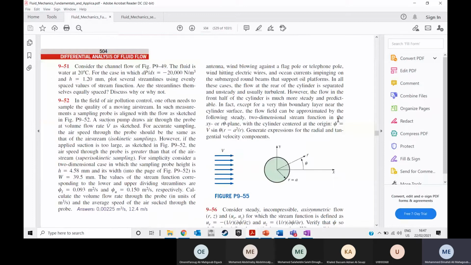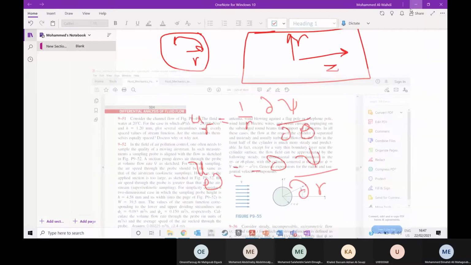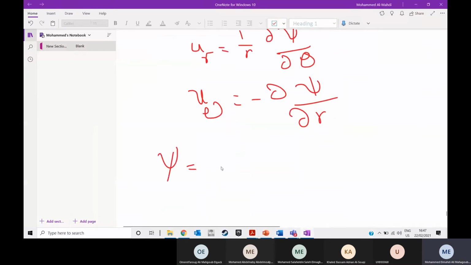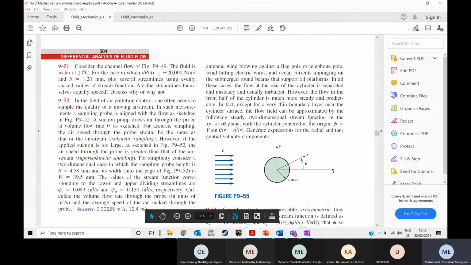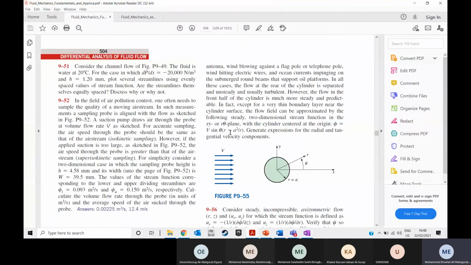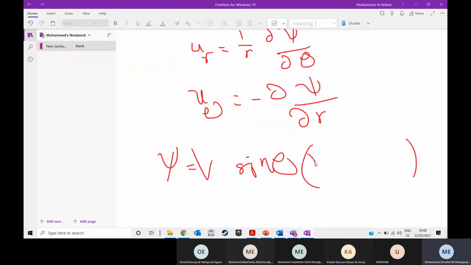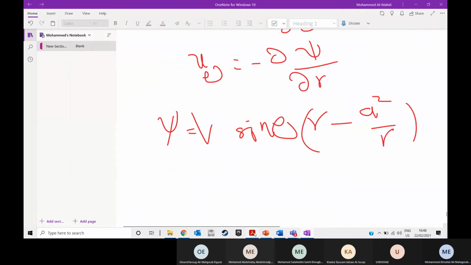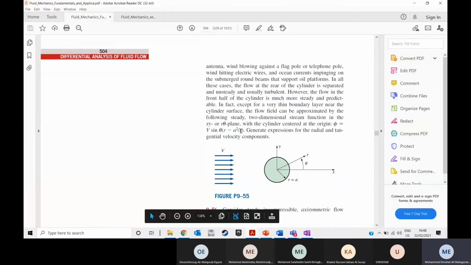This is it. Psi is equal to V sine theta multiplied by R minus A squared over R. This is the equation. Just let me check it again.